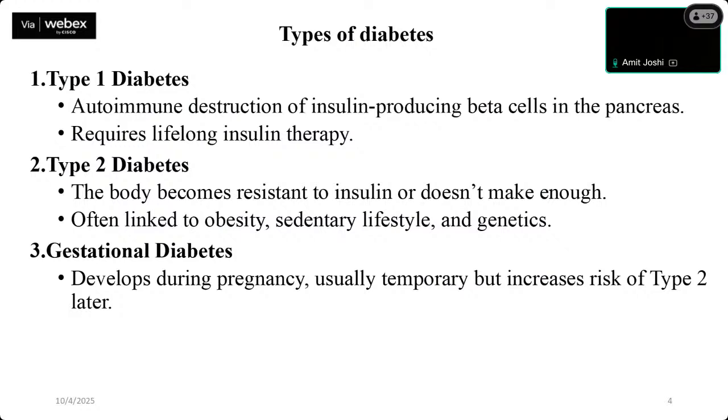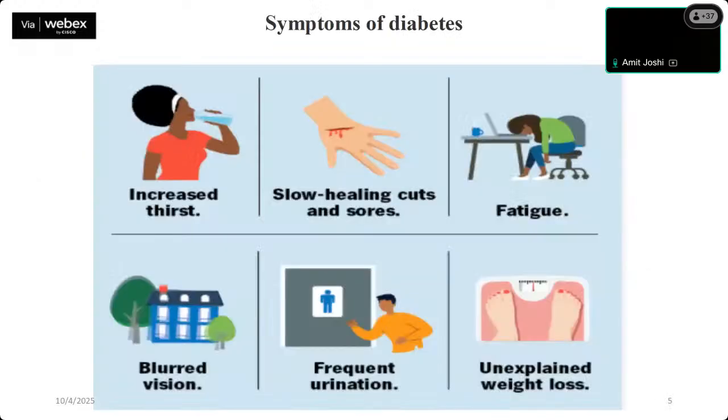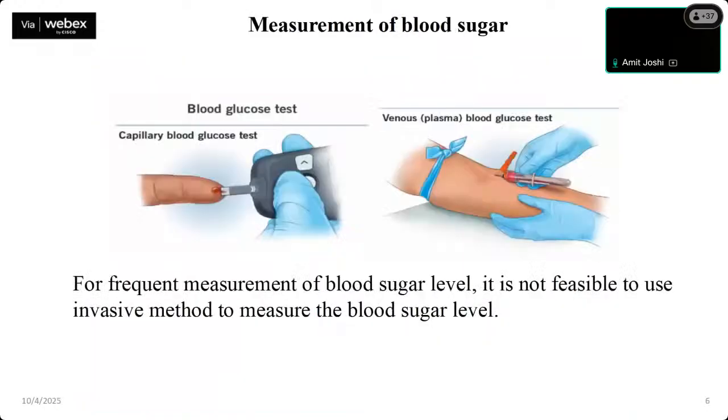Gestational diabetes develops during the pregnancy of a woman, and that is a temporary diabetes, which gives an increased risk for the woman to develop type 2 diabetes. Symptoms of diabetes include frequent thirst, slow healing of cuts and sores, fatigue, vision problems, frequent urination, and unexpected weight loss.